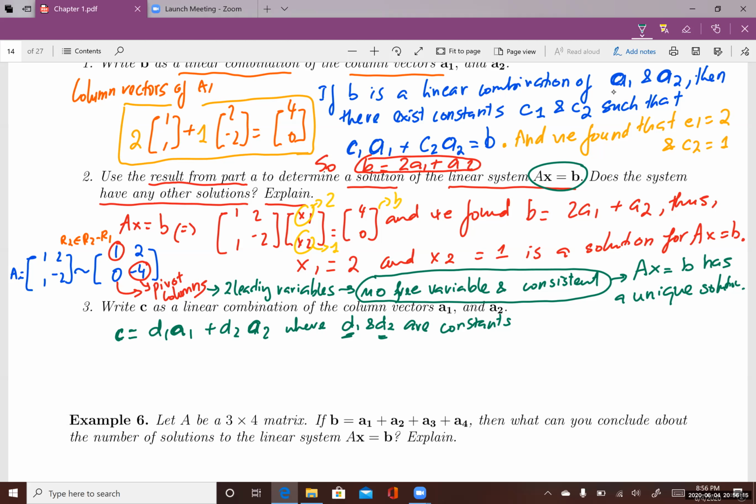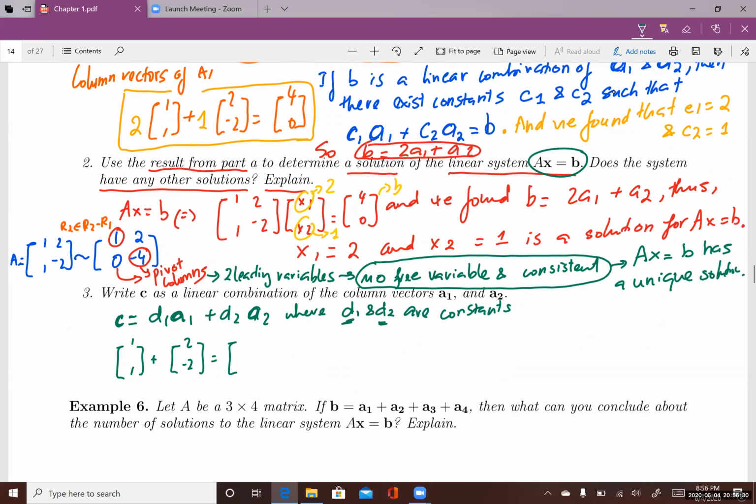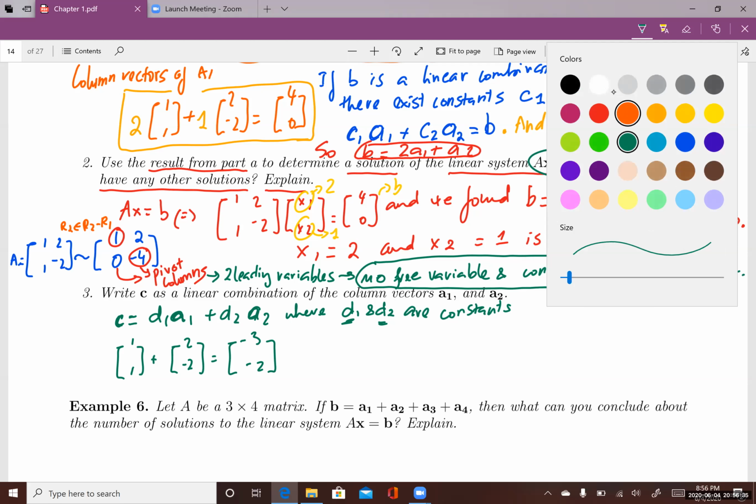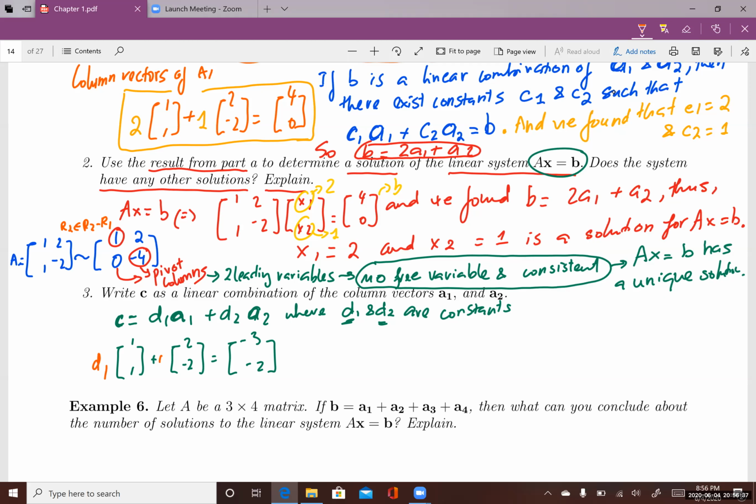In this case, to be honest, it's a little hard to guess compared to the vector B up here. C would be -3, -2. So what is D1 and D2? If I think it's a little hard to guess, then I would transform these equations into matrix equations, right?